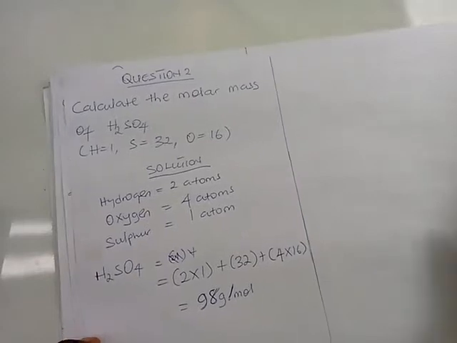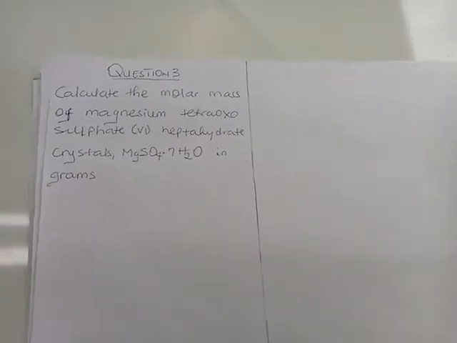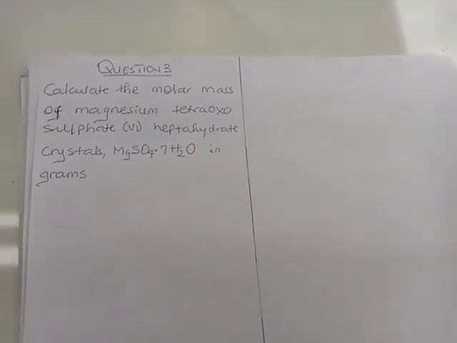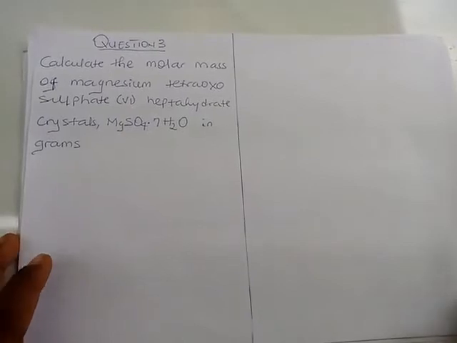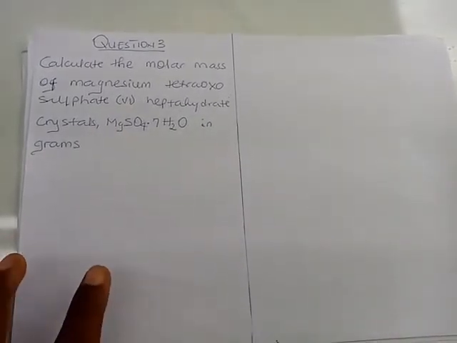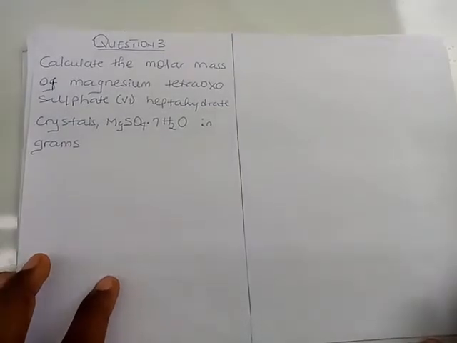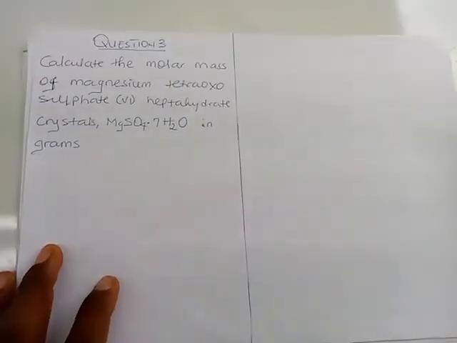So let's take the next one. Question 3 says, calculate the molar mass of magnesium tetraoxosulfate 6 heptahydrate crystals in grams. Note, in grams.